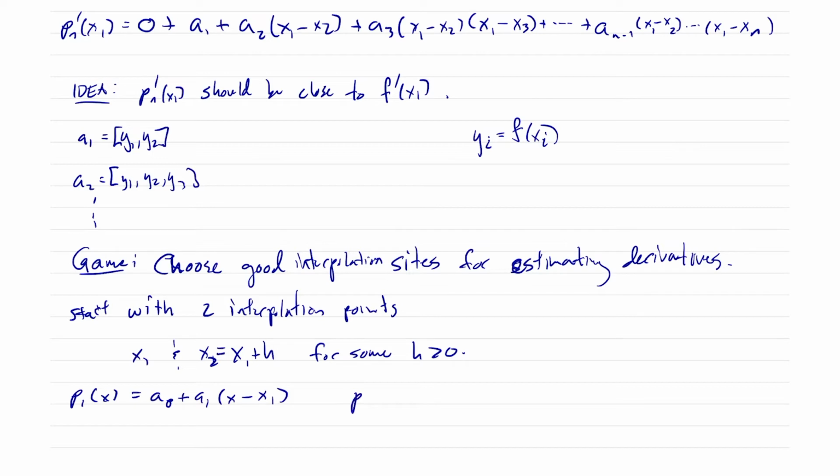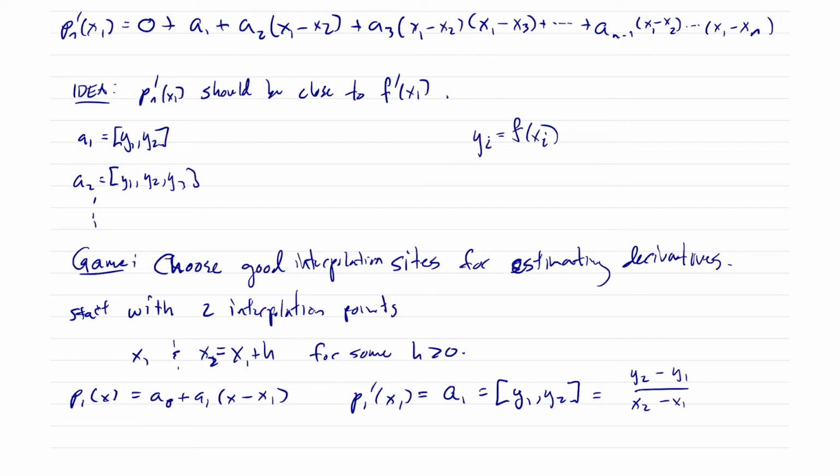If we take the derivative p1 prime and evaluate it at x1, then we're left with just a1. Now, what is a1? Well, a1 is y1, y2, and that is going to be y2 minus y1 divided by x2 minus x1.